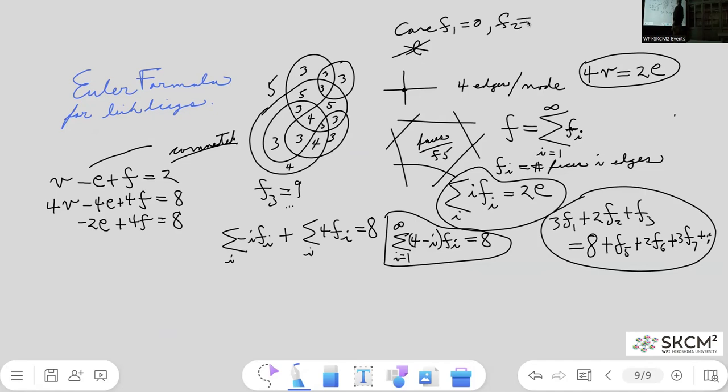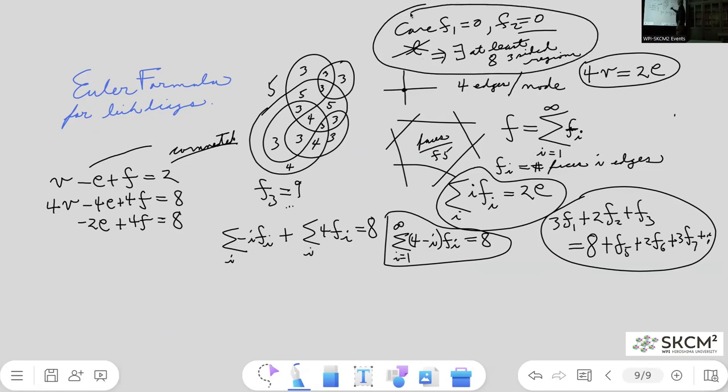Furthermore, an interesting case is no one-sided regions and no two-sided regions. Then there exist at least 8 three-sided regions. And you know some simple examples. For example, the Venn diagram.